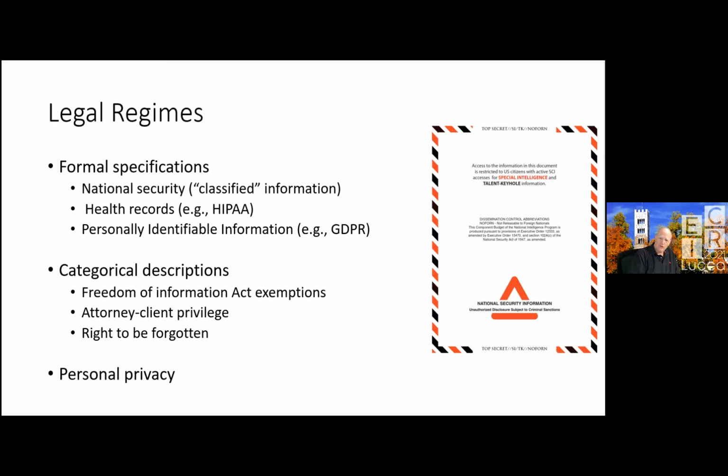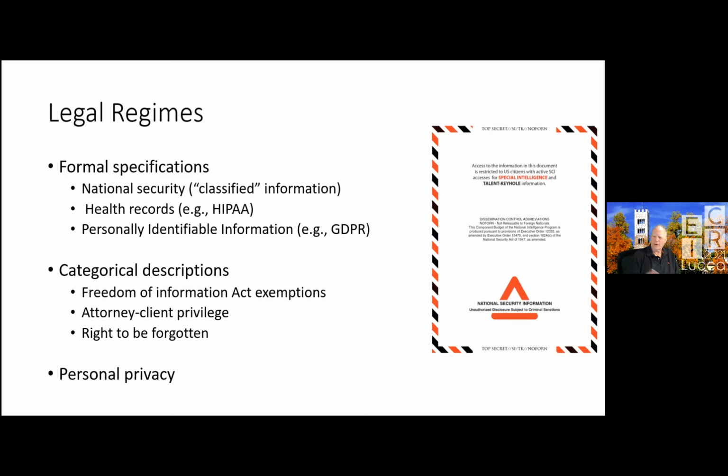Rather, what it says is you can't release things that might damage the foreign relations of the United Kingdom. Well, that's a pretty broad category that requires interpretation. And so we're going to have to think about how we can build machines that can exercise judgments about whether content has a specific nature to it.